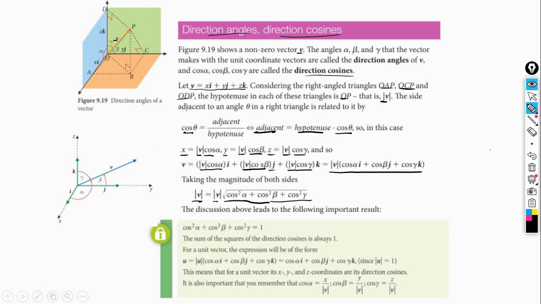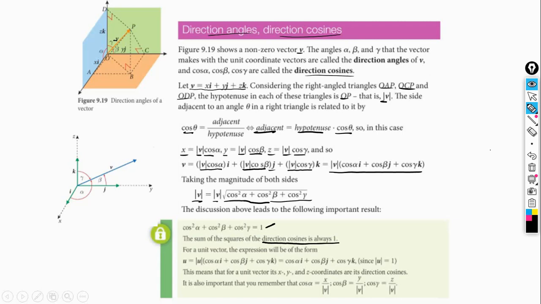Now, this implies that cosine squared of alpha plus cosine squared of beta plus cosine squared of gamma is equal to 1. In other words, the sum of the squares of the direction cosines is always 1.